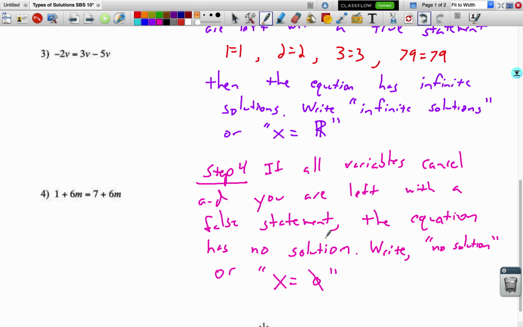It's like there's no actual value. Be careful, when we get x equals 0, 0 is just a number that counts as a situation with one solution. This is a no solution. All right.